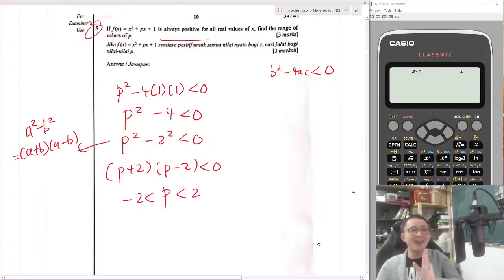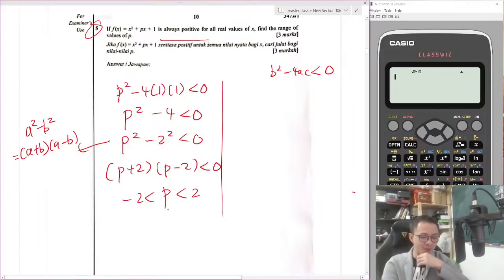Of course, we can test whether our answer is correct or wrong. How are we going to test? The testing part is a bit out of your syllabus, but it makes sense. If I put any value between negative 2 and 2, let's say p equals 0, or p equals 1, or maybe p equals 1.5, you can put all these numbers in to test whether f(x) is always positive.